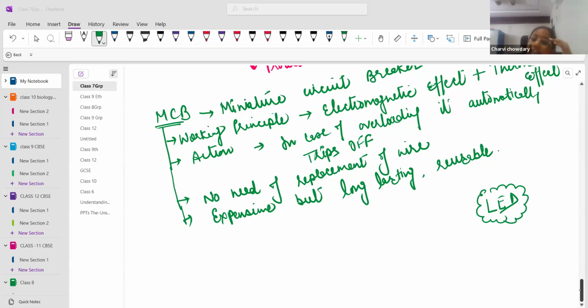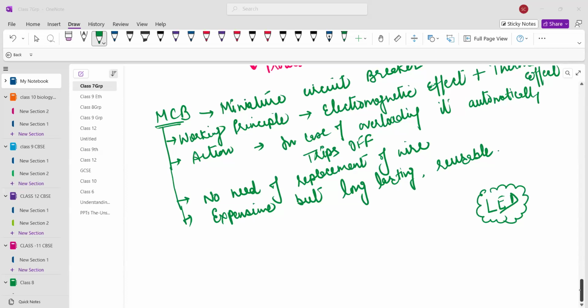Long lasting, right? Yes, we can say it is long lasting. But a bulb is only 20-30 rupees. Ma'am, but LEDs also have a long lifespan, right? Long lasting, long lifespan, yes.